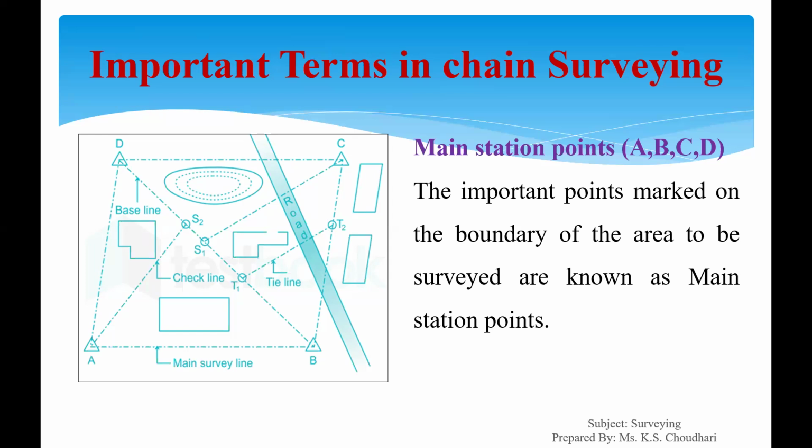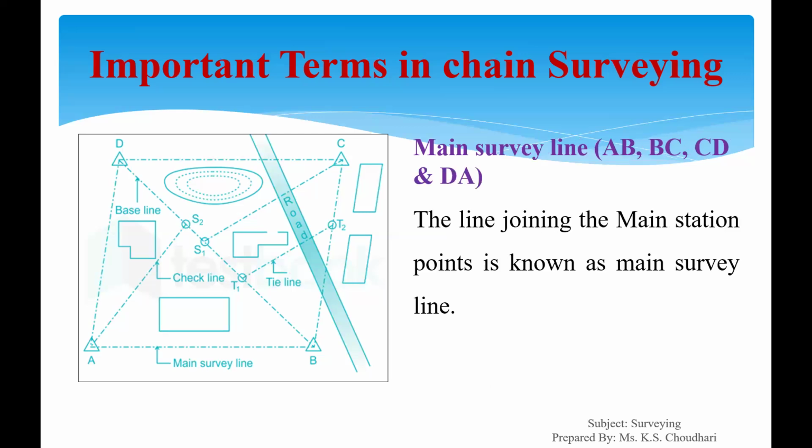The important points marked on the boundary of the area to be surveyed are known as main station points. Main survey lines AB, BC, CD, and DA. The line joining the main station points is known as main survey line.